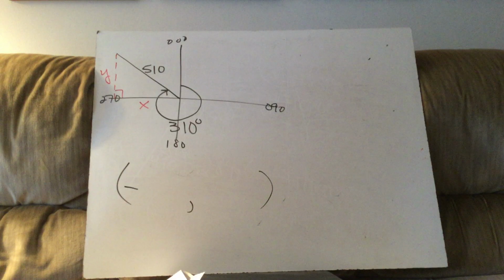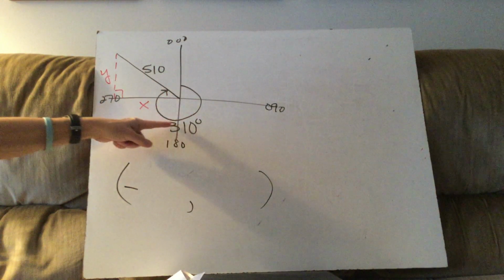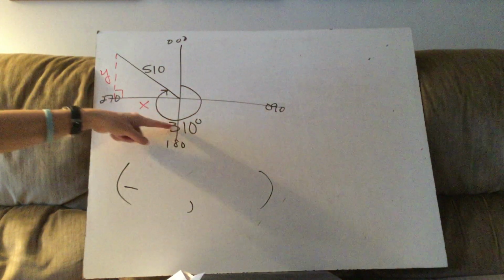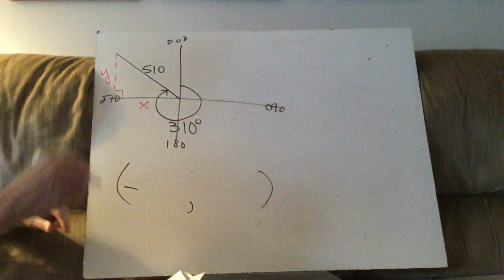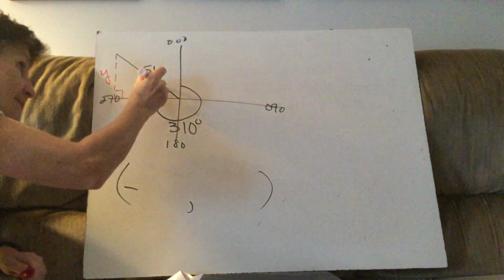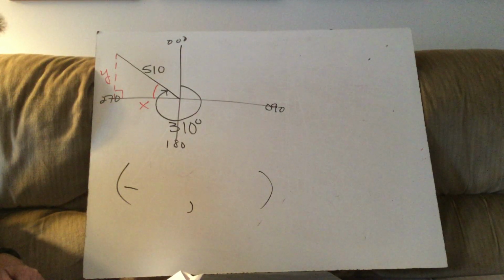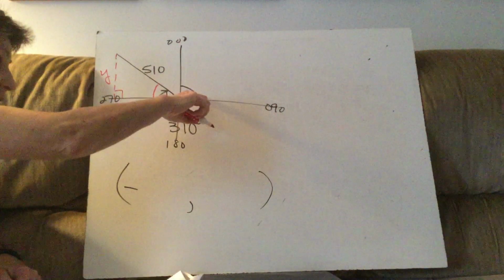Okay, so now here comes what's often the tricky part for you. Don't panic. This is so easy. Use your common sense. This is 310. This big black thing I drew here is 310. Your job is to find this angle right here. Remember, every quadrant is 90.